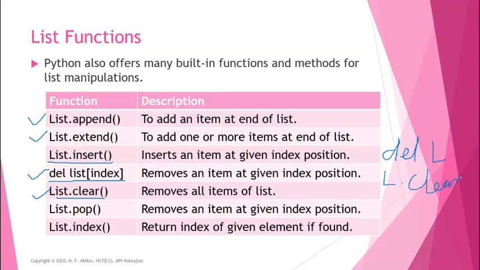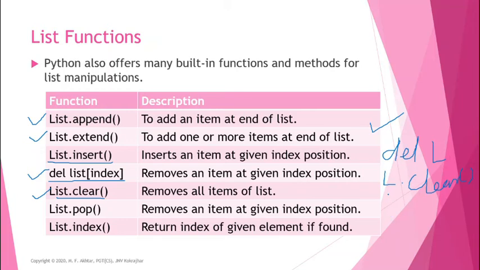Then there is a difference between both statements. The del statement removes list l completely from memory. If we try to display the values of the list, it won't display, and it will give an error that list l does not exist.